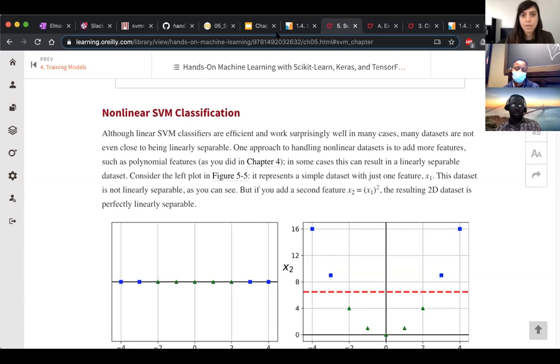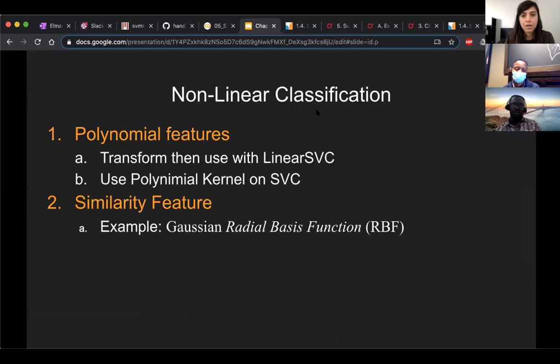All right, so I'm going to go through the nonlinear classification problems. First, what are the strategies if you're having nonlinear classification problems? There are two ways. Either you can extract the polynomial features of your current features and map them into a different dimension.